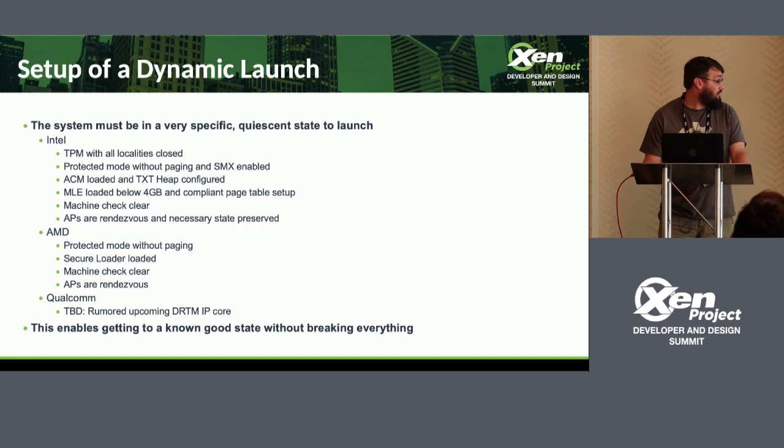The key point, so there's Intel, AMD. Qualcomm I put in here because there's rumor that they have a DRTM coming up, so it'll be very interesting to see how they're handling this. But the key point here is that this enables you to get to a good state to begin everything.